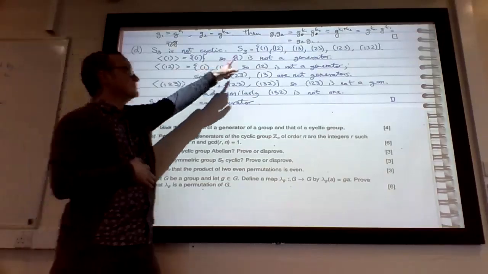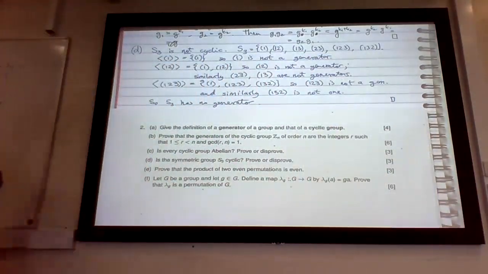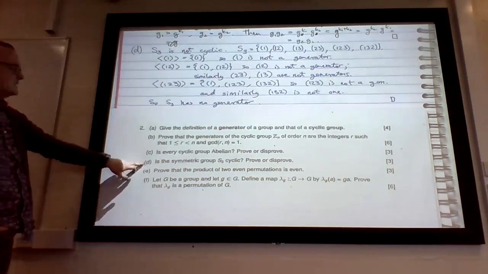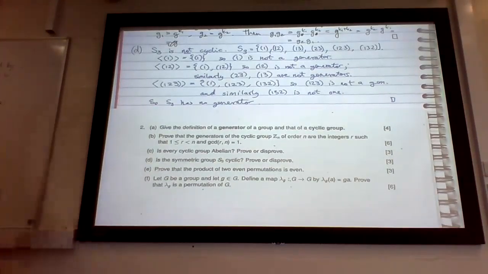So none of them give you all of the elements. So there are no generators, so it's not cyclic. So an alternative, quicker approach to D is to show that it's not abelian.